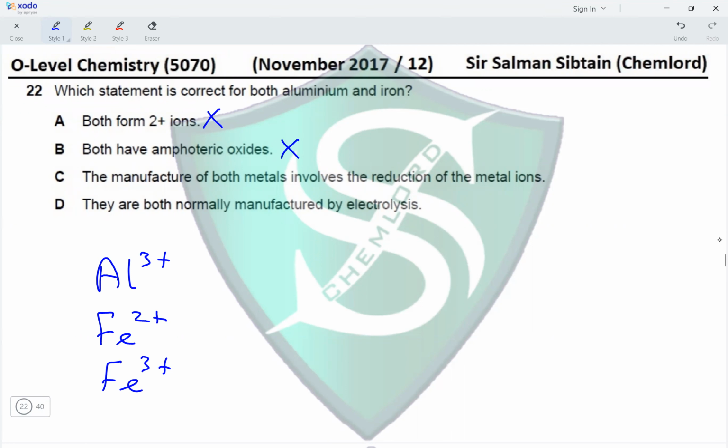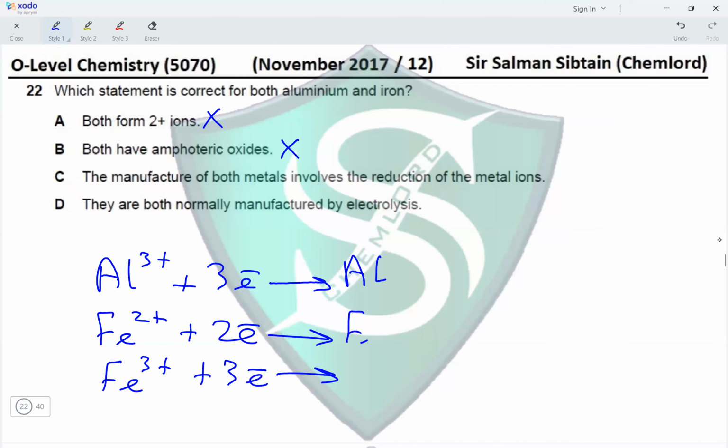The manufacture of both metals involves reduction of the metal ions. Yes, Al³⁺ will accept 3 moles of electrons producing Al metal, and Fe, whichever one you take, will accept electrons to form iron metal. So in all of these reactions, reduction is taking place, reduction of the metal ions.